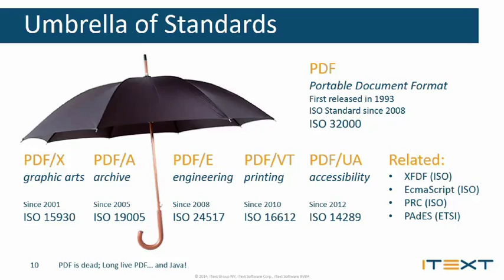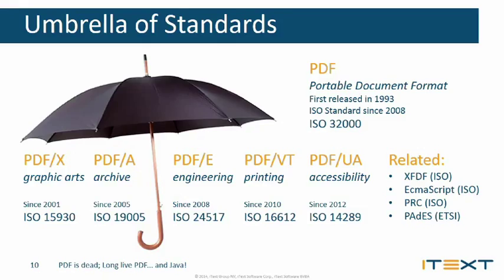This wasn't the first PDF standard. Before you had some substandards, like PDF/X, made specifically for the graphic arts in 2001. PDF/A for archiving, we'll focus on PDF/A a lot later on, was released in 2005.